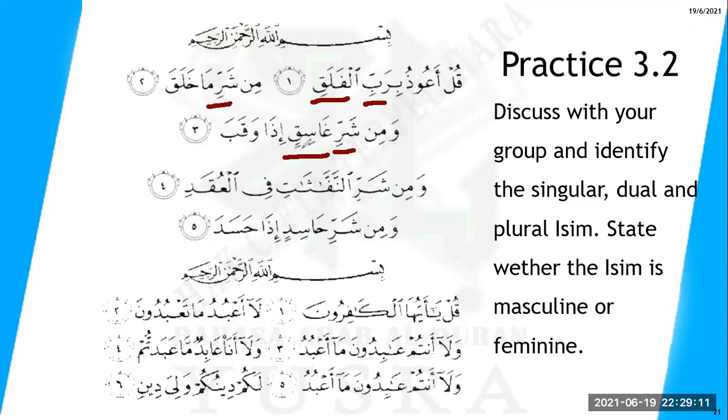Ghasiqin. With the alif, if a person did it, it's active. Because this one is type A. The one that gets darker, waqaba. Waqaba is a verb. So Ghasiqin is actually an active noun.